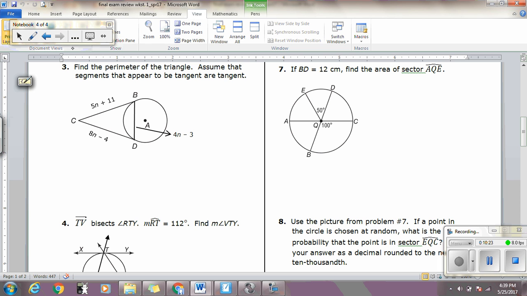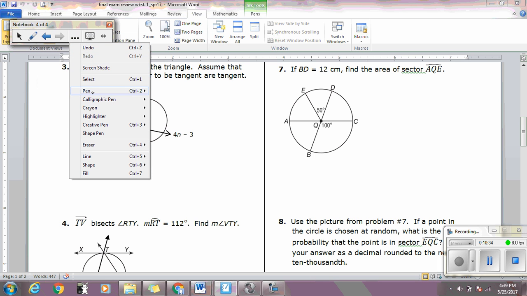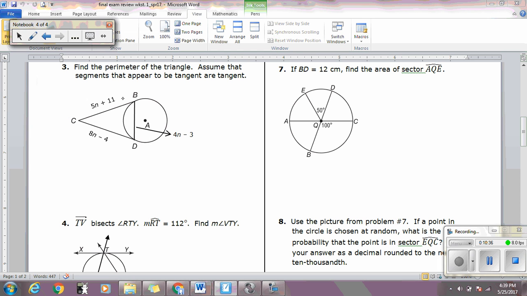Number 3 wants us to find the perimeter of the triangle BCD. Assume that segments that appear to be tangent are tangent. So on this circle, the tangent lines would be CB and CD because the definition of a tangent means it touches the circle at one point and only one point.